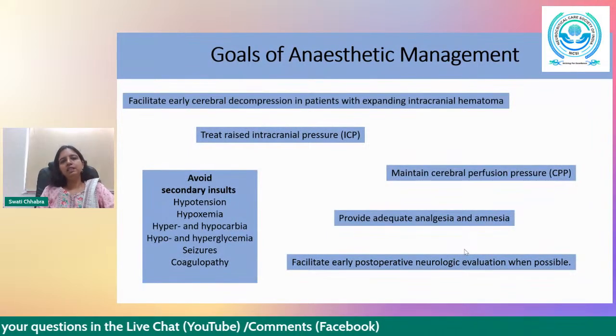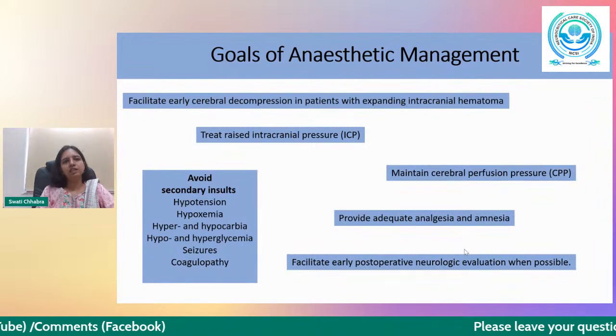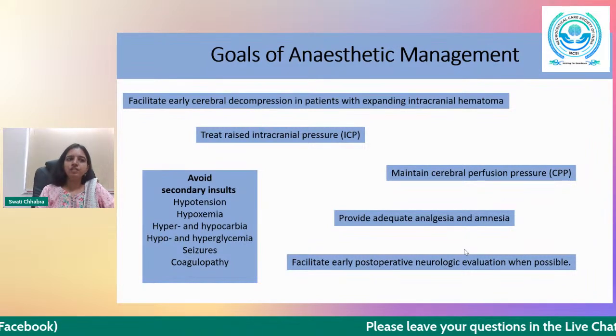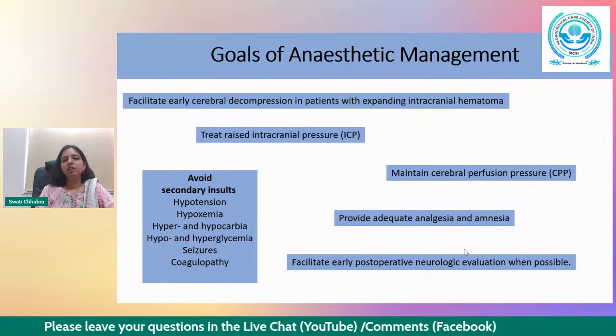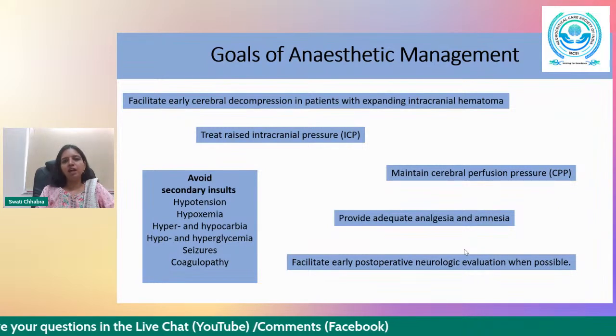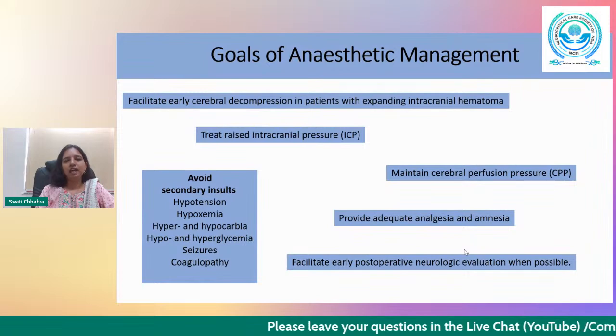Now, this is the most important slide in my view, because we have to fix our goals of anesthetic management. We should facilitate early cerebral decompression in patients who have an expanding intracranial hematoma, and treat ICP. Many times the ICP monitoring and management is already underway in the ED or the ICU from where the patient is taken into the OR, so that can be continued.